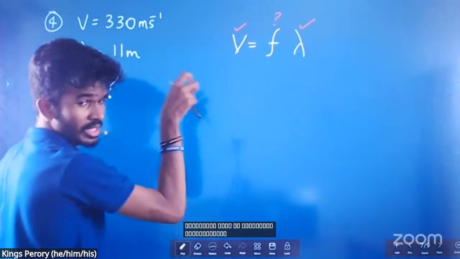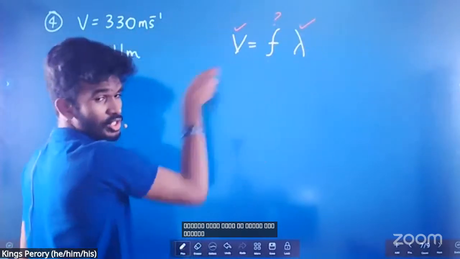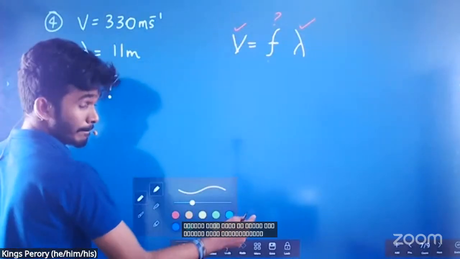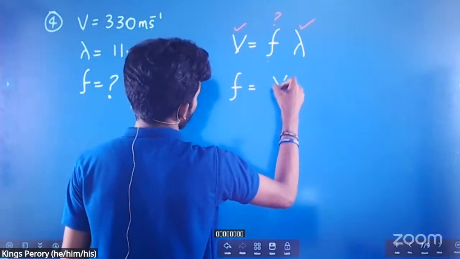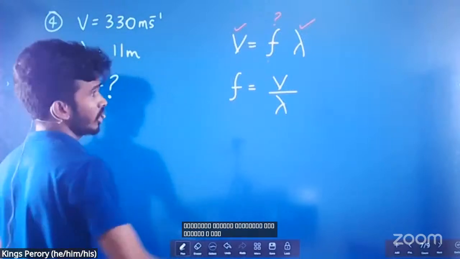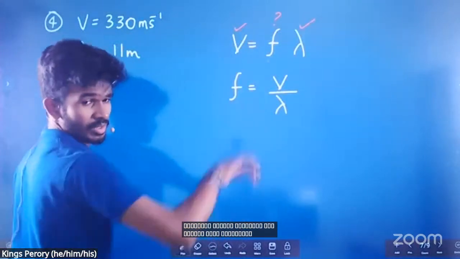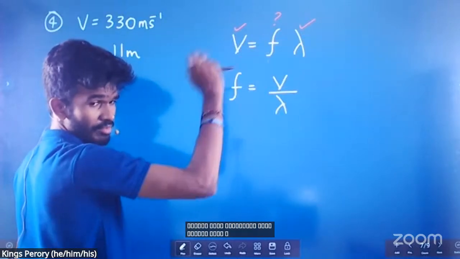Lambda goes to the other side. Multiplication on the other side becomes division. So frequency is speed divided by wavelength. F equals V over lambda.